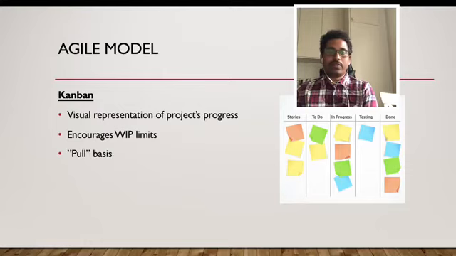These are different columns, and depending upon the project they can set up these columns according to their own wish. Some can make it requirements or testing, depending upon how they feel good about visualizing the project progress.